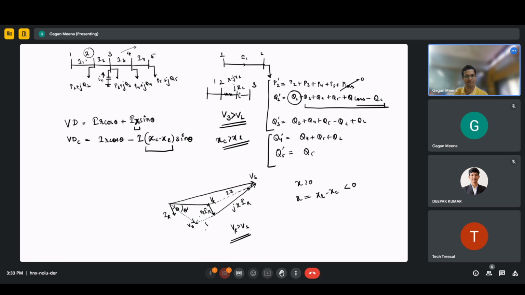This is XL minus XC, which is negative. So this one is without series capacitor, and this is with capacitor.